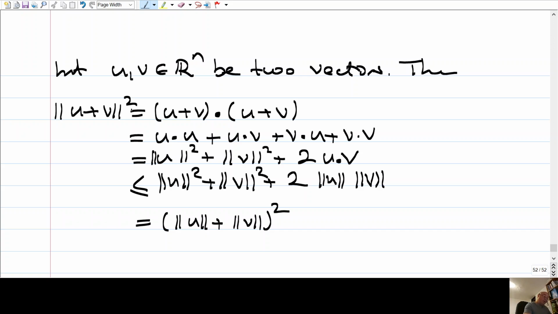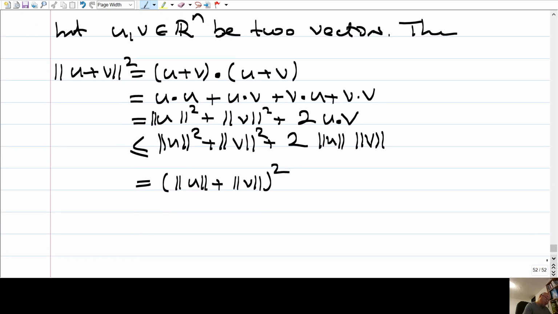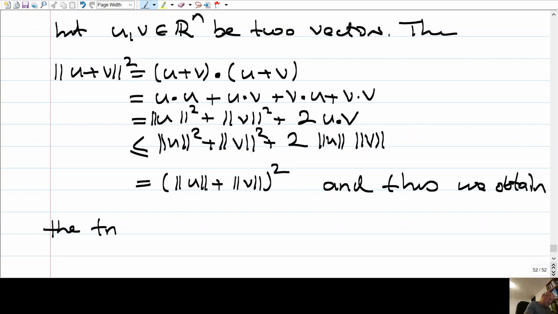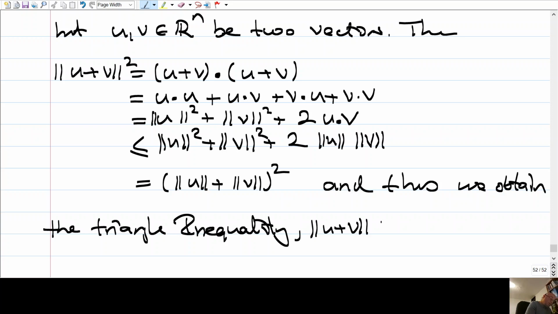Now I have the square of this expression less than or equal to the square of this expression, and thus we obtain the triangle inequality by just taking the square root of both sides. We obtain this.